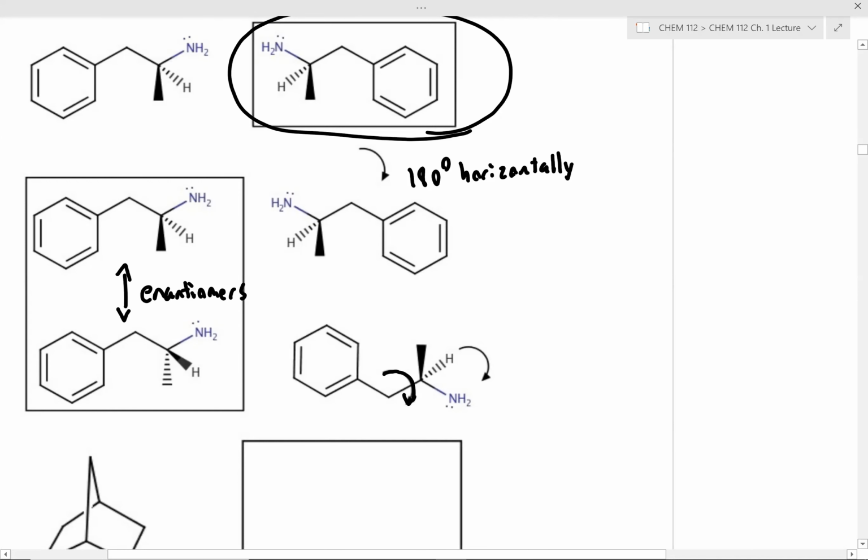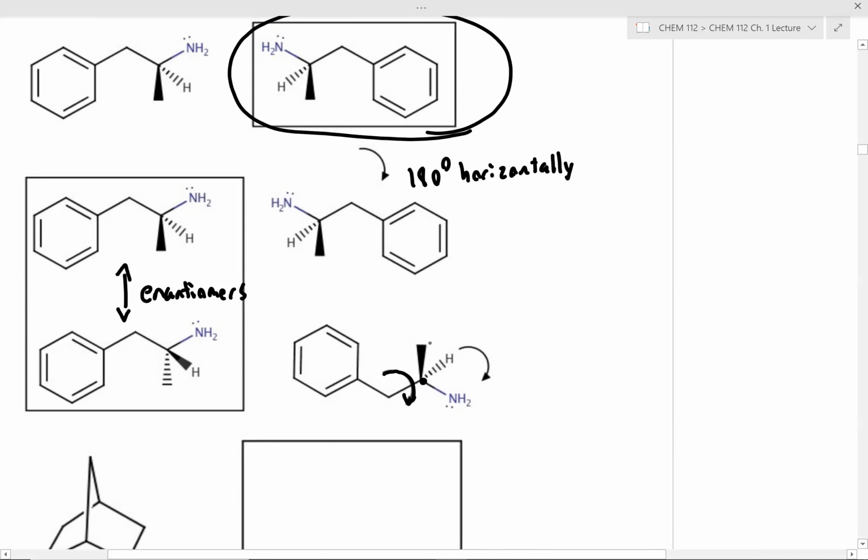We are going to rotate our phenyl group, so it's now pointing down. And then we're going to rotate the substituents on the carbon attached to the amine, so that the amine, instead of pointing the line towards us, is pointing in the line away from us.